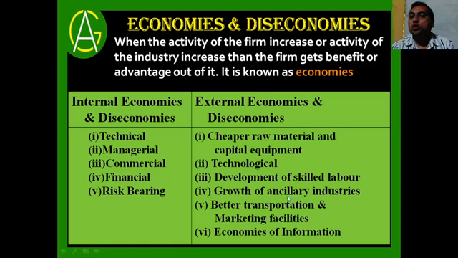Then comes growth of ancillary industries. Ancillary means helping industries, the firms that are helpful for the production that you are making. All those firms that can help in your production are known as ancillary industries or helping industries. For example, you are manufacturing cars, and nearby your location there are many firms that manufacture the spare parts of the car engine.